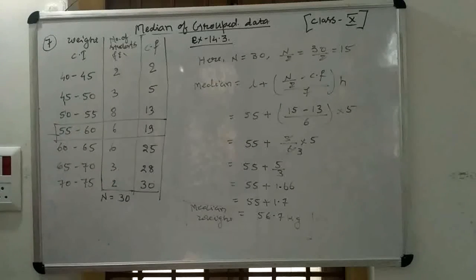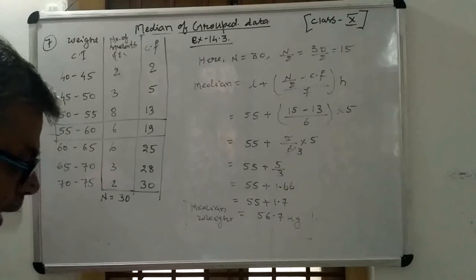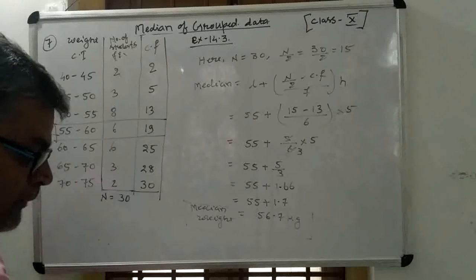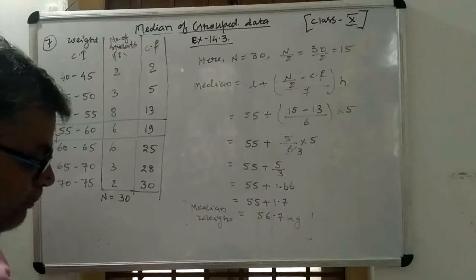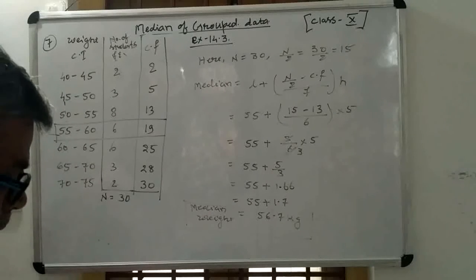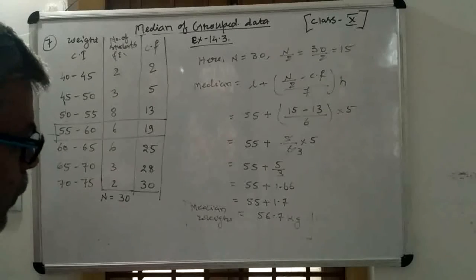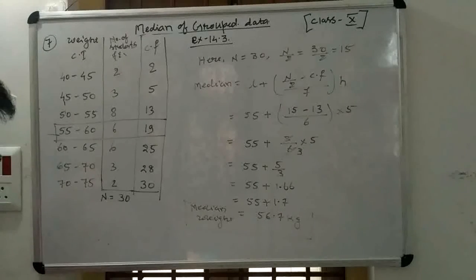This was also a simple question. So in this way, children, we have completed our exercise on median. We have discussed many questions. 56.67 kg, you may write 56.67, or 56.7 approximately, it is correct.